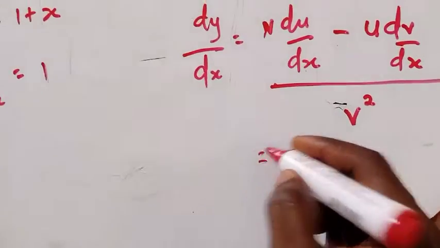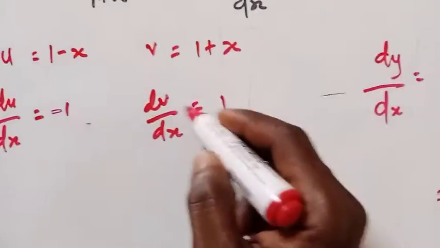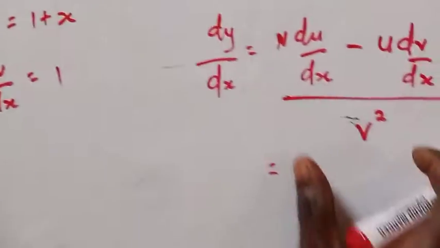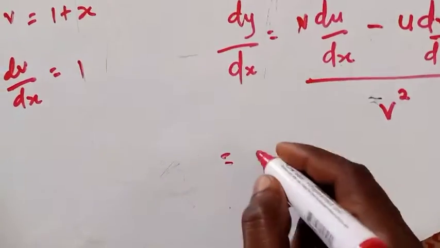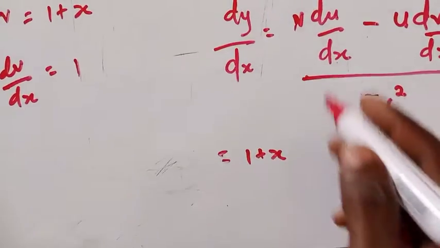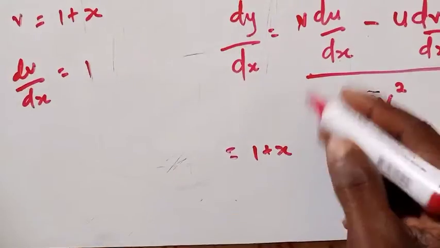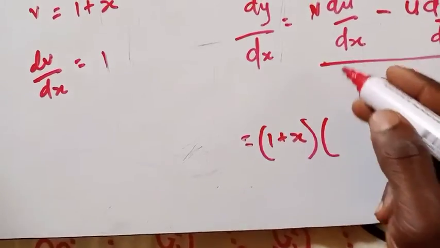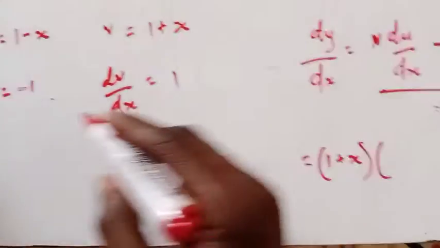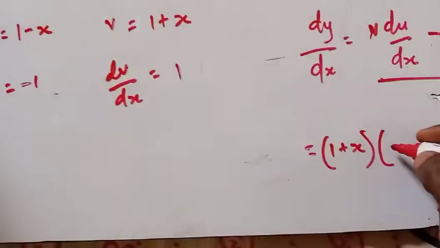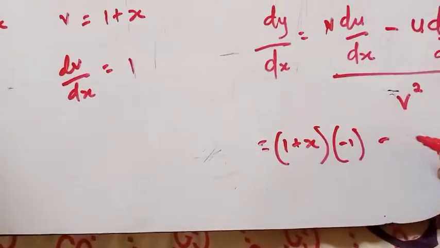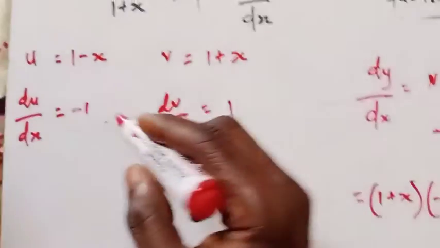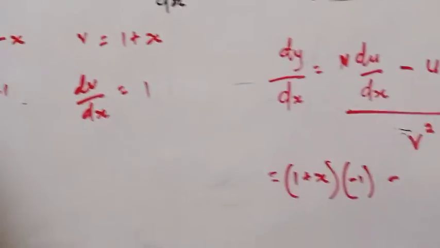So here is going to be equal to, we have our v to be 1 plus x. So 1 plus x, let me bring this thing backwards a little bit. So we have 1 plus x here, and then multiplied by the dv/dx, so let's put this into brackets, and then we have the du/dx here, that is the negative 1, so negative 1, and then minus we have our u here, that is the 1 minus x.